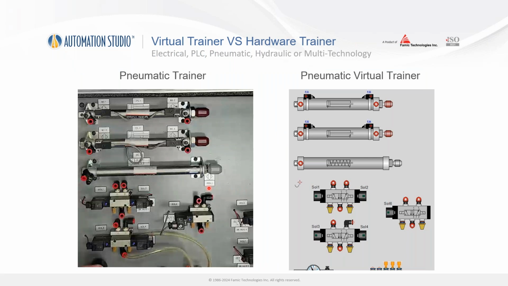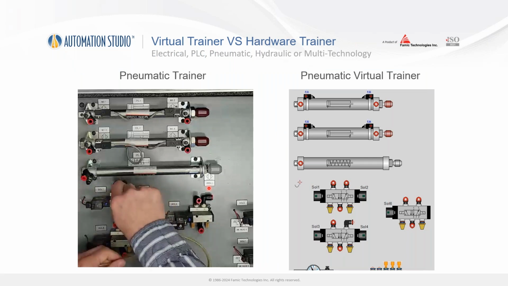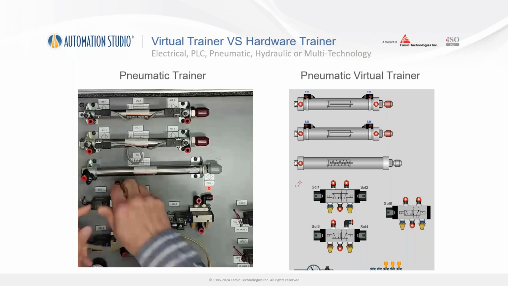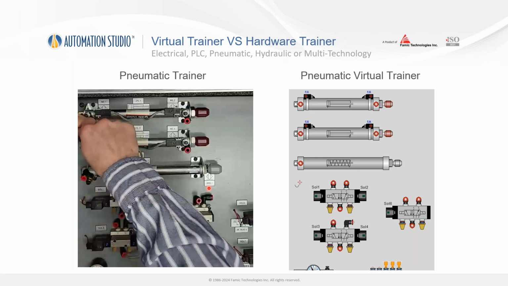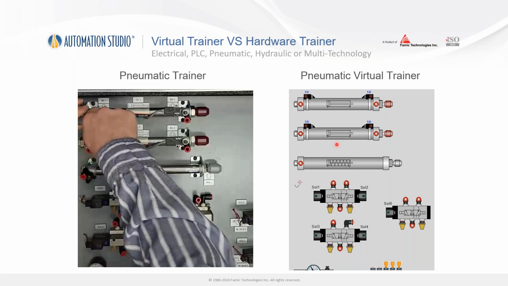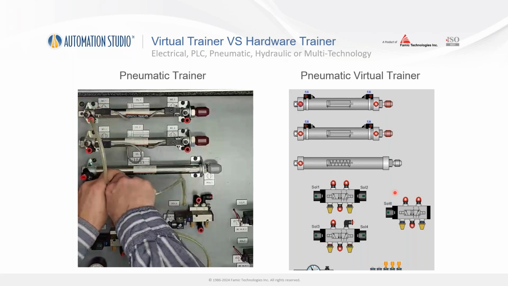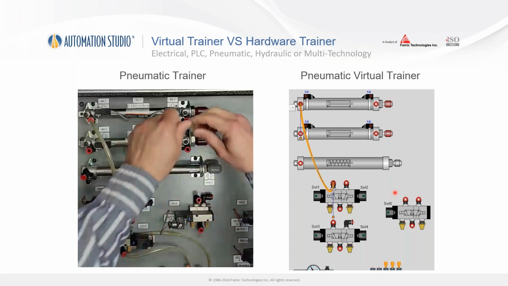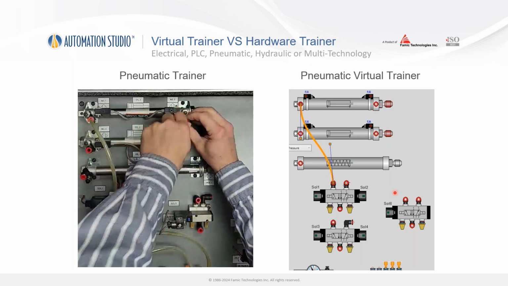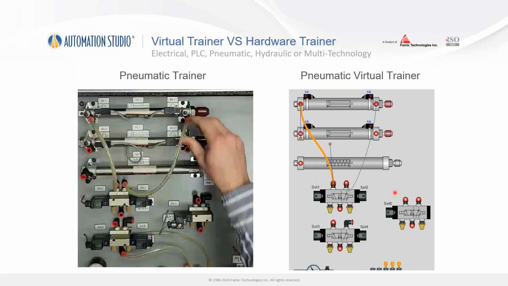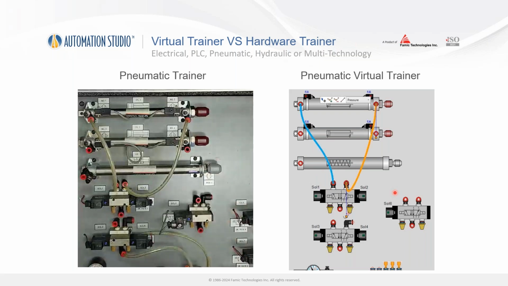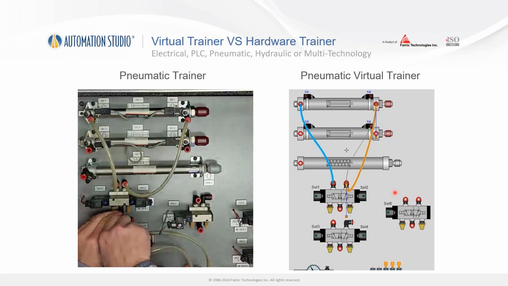So you can see the actual pneumatic trainer kit, and the virtual trainer kit also here. The components which you are seeing on the left hand side, the same components we have created, designed in Automation Studio.